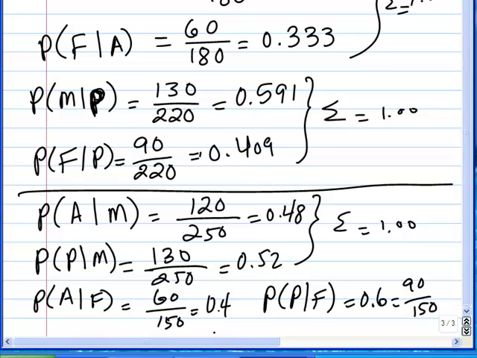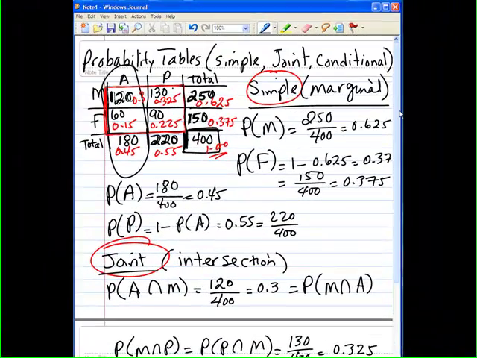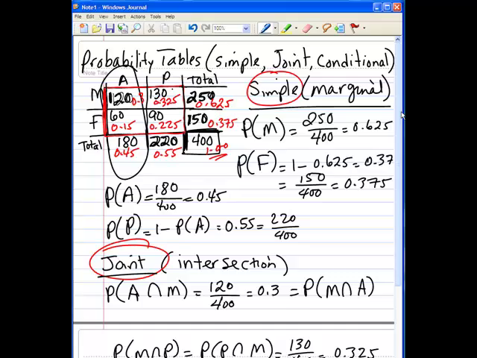And of course, these two numbers add up to 1. These numbers are conditional probabilities, what we just discussed.